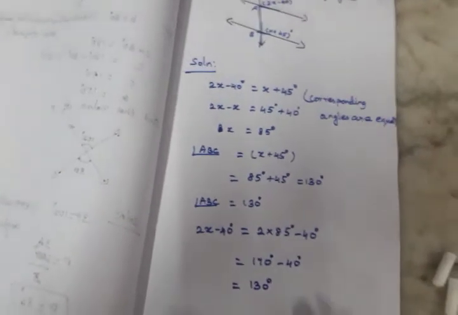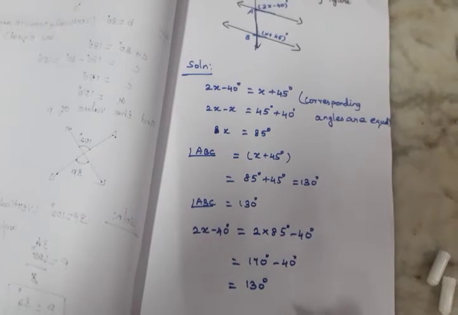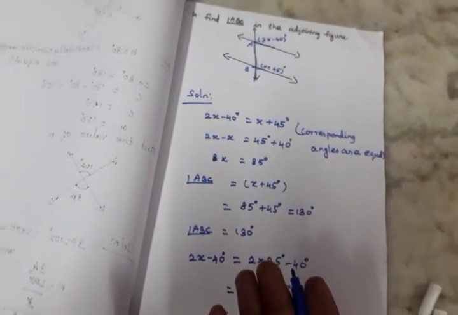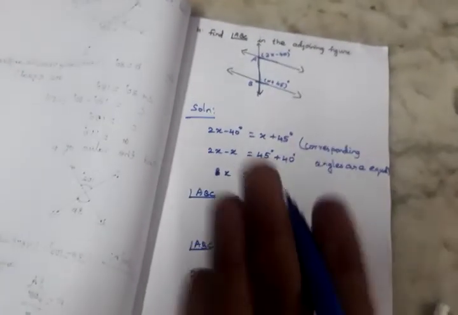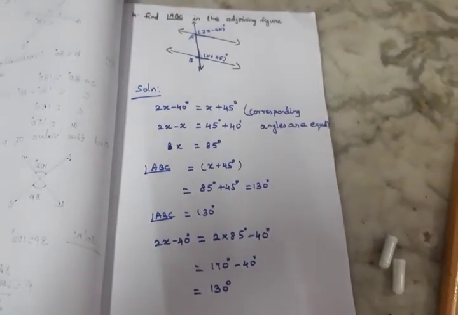So angle ABC is 130 degrees. Corresponding angles are equal, so this one is 130 degrees and that one is also 130 degrees. Do you understand?